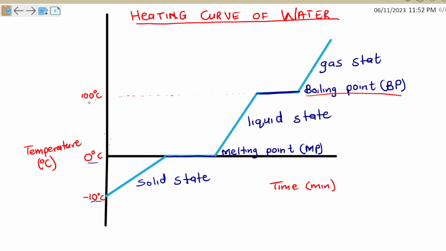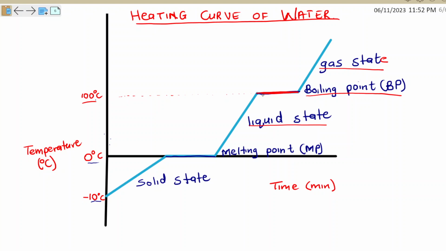It was, for water for example, 100 Celsius degrees. So what do we say happens at this point? The boiling point is the temperature when the liquid is changing into gas state. So what is the boiling point now by definition?